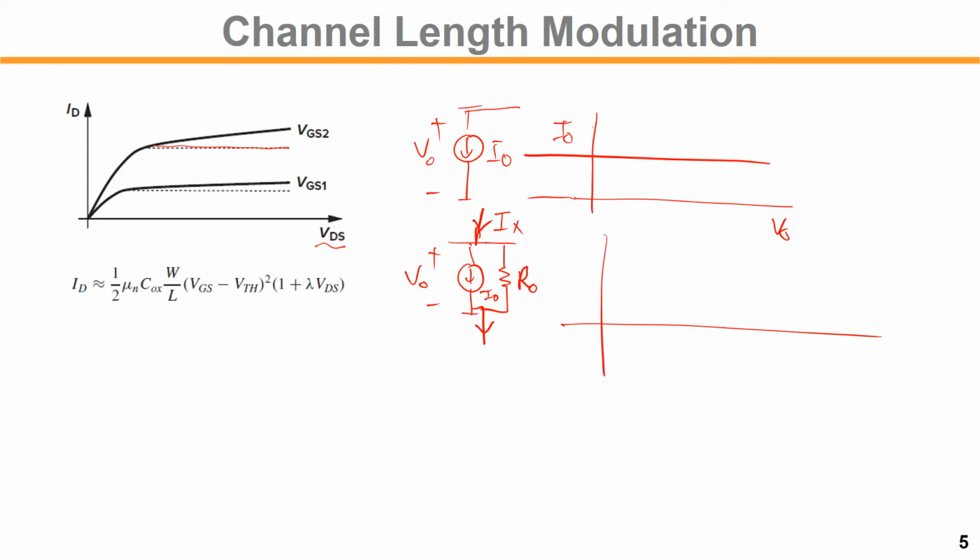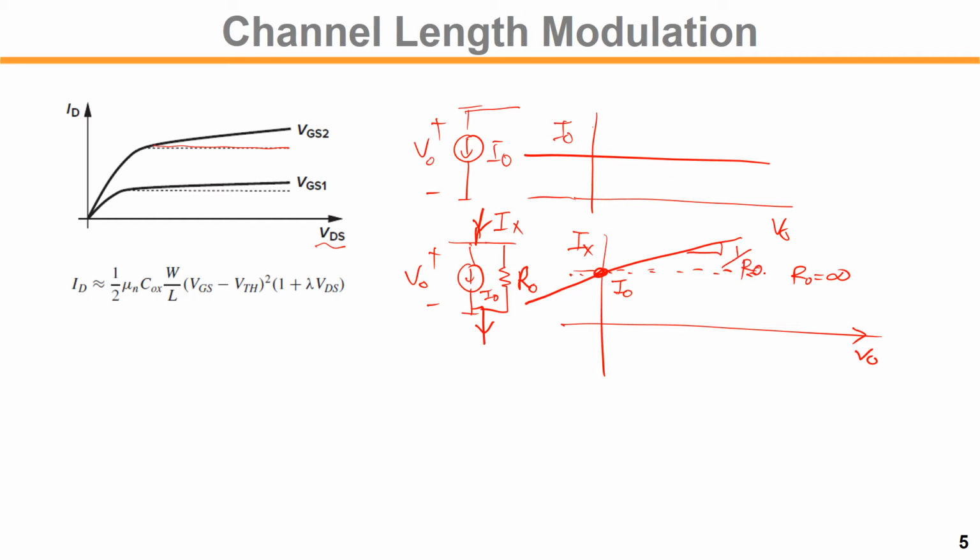With RO going to infinity, we get this kind of characteristic I0. But in reality, by having a non-ideal resistor in parallel, we will get this kind of characteristic. The slope of this is IX over VX. The slope of this is 1 over RO, right?